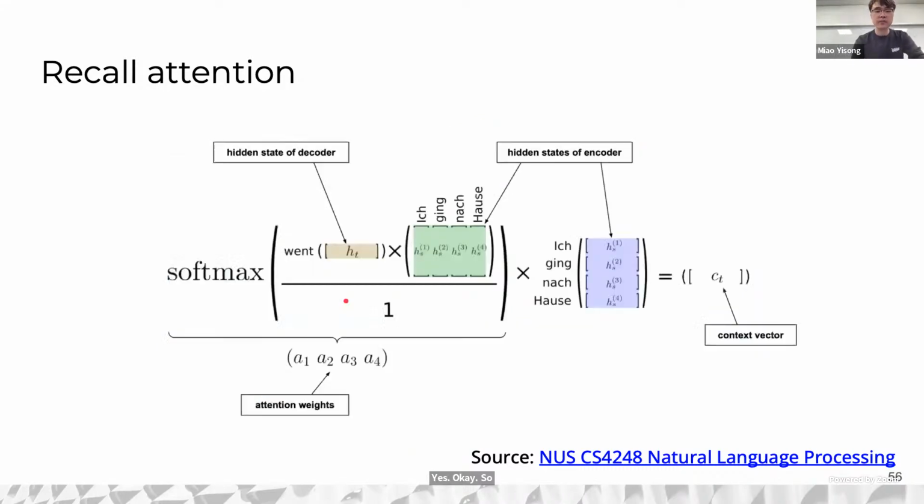So this is attention from RNN. Let's write the equation down. We get the hidden state from the decoder, and then we multiply by the hidden states of the encoder, and after the softmax, we get attention weights for each token, and then we multiply them with the hidden states of the encoder words.